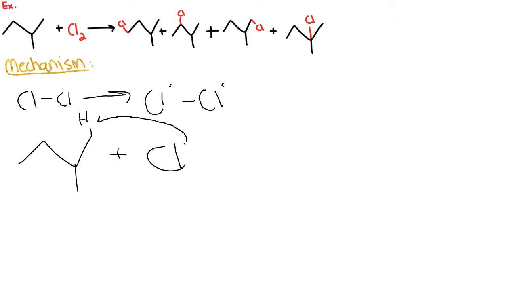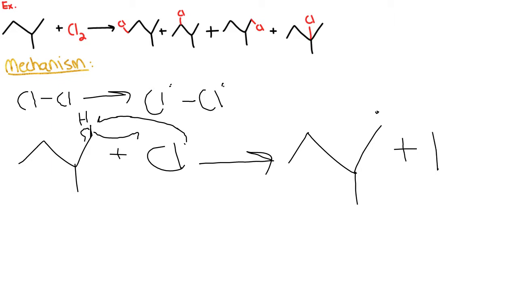We're going to attack this, and then this bond is going to break, and one of these electrons is going to go to this bond between chlorine and hydrogen, and then the other one is going to go back to that carbon to make a radical. So this is a primary radical. It's not very favorable at all. So this is going to be a very, very minor product because you have the option to make a tertiary radical. This one is not very favorable, but we will still show it. And then we have HCl.